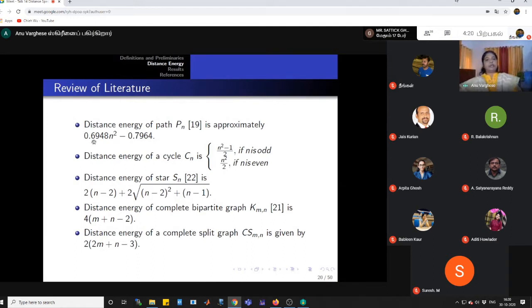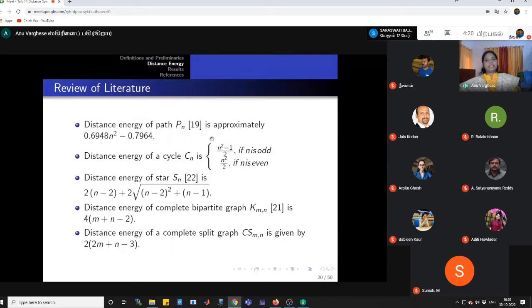That is 0.6948 n square minus 0.7964. And this is the distance energy of a cycle. It is (n square minus 1)/2 when n is odd and n square/2 if n is even.